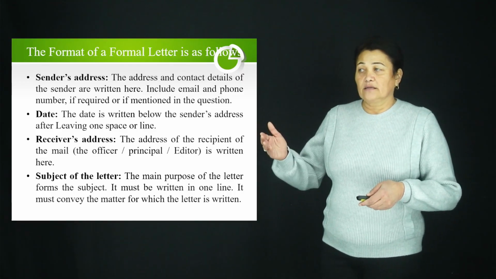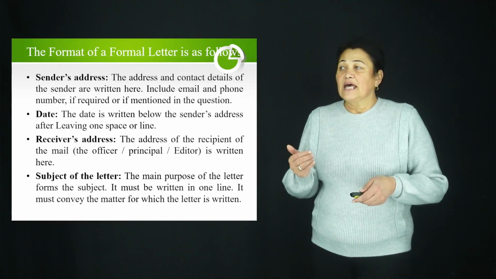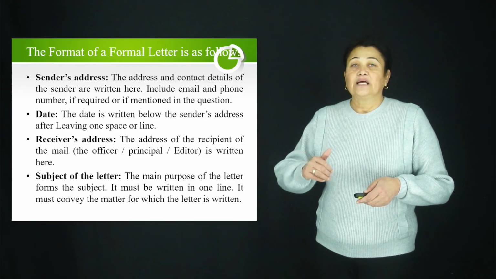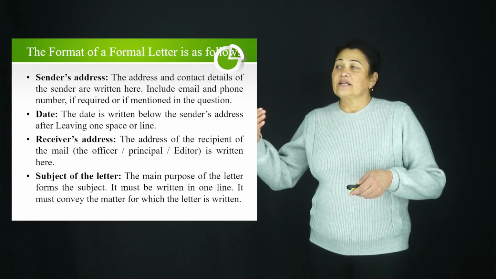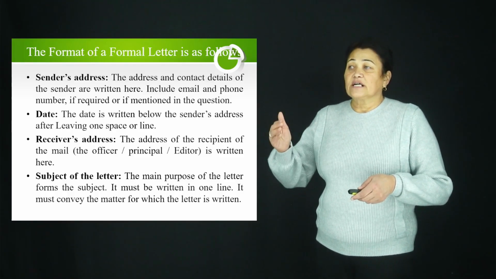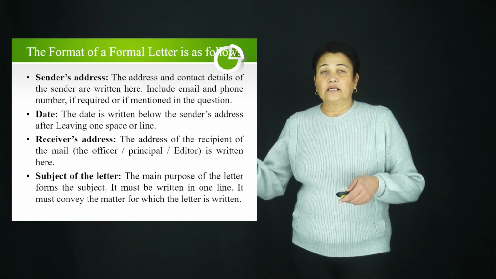Next is the date. You should write the date below the sender's address, leaving one space or line. Next is the receiver's address. The address of the recipient of the mail, such as the principal, is written here.